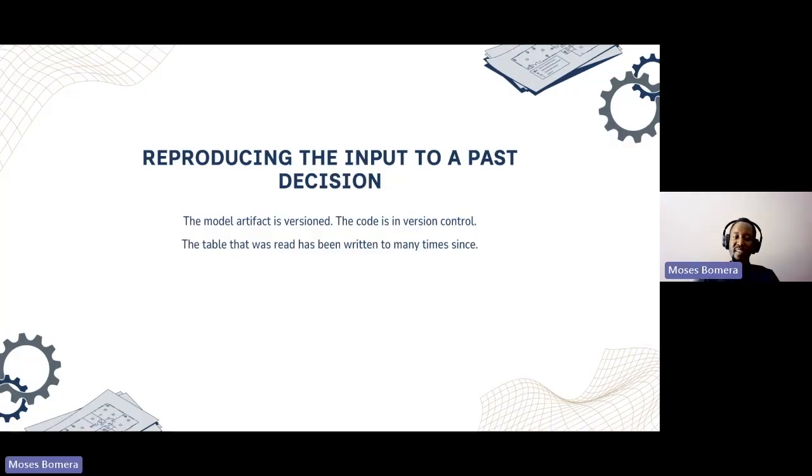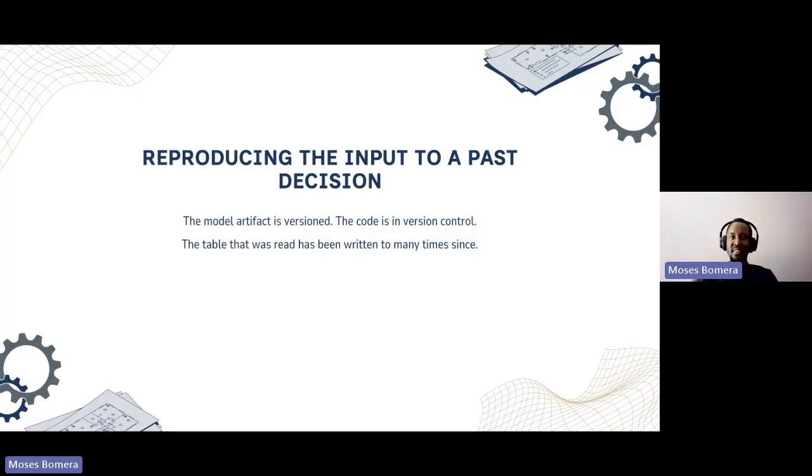But in a machine learning world, normally there are three things that you are building. There is the code that defines the models, etc., and that is managed with version control. Then there are the models that are built out of the data that you have. These two have their own versioning. You can use registries, tools like MLflow, etc. And then there is the data that those two things bring together.